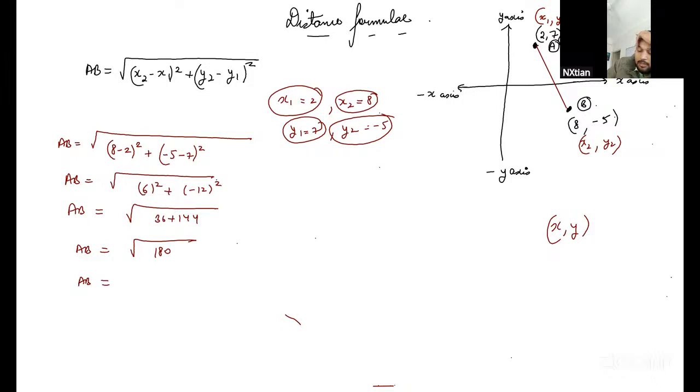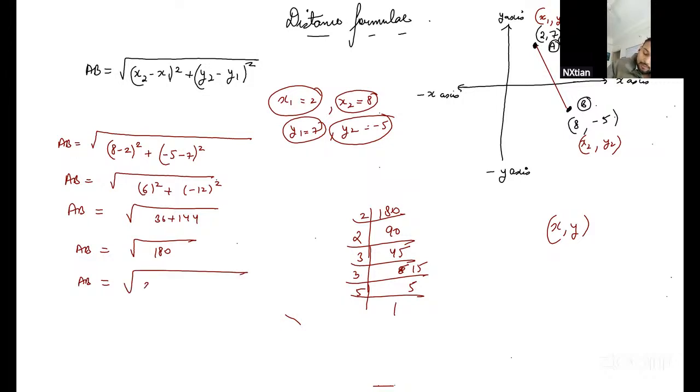Now, because it's not a perfect square root, we can do the prime factorization, so that we can take out the maximum value. 180 becomes 90, then 2, then 45, then 3, then 15, then 3, 5, 5, 1.